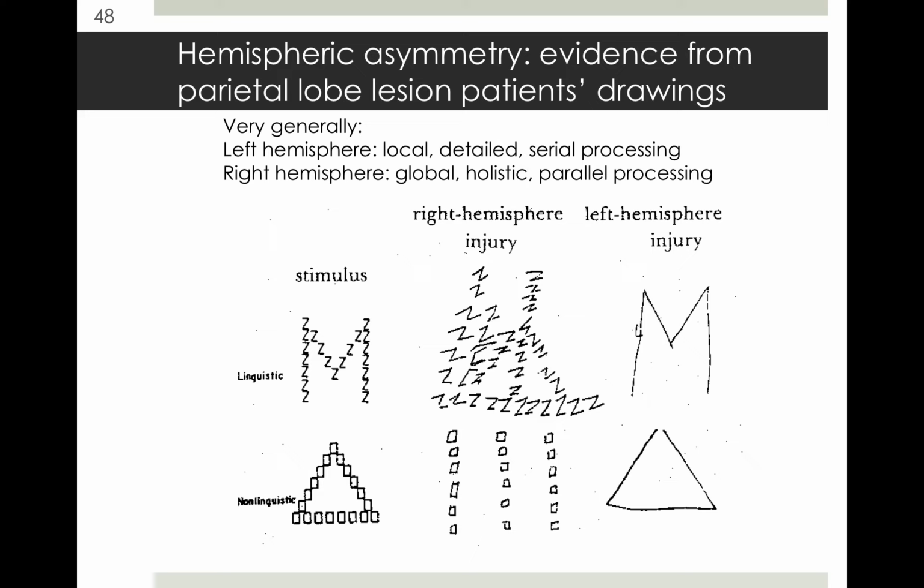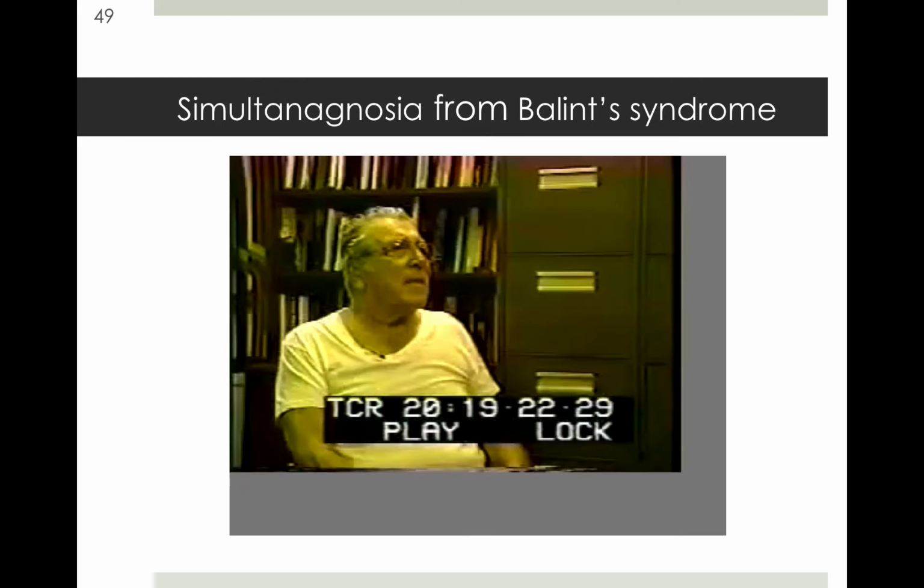And then, in addition to neglect, you can also have some cases in which patients are actually able to process stimuli in space, but only one object at a time. When you give people two objects simultaneously, they are no longer aware of the two objects. That's known as simultanagnosia.